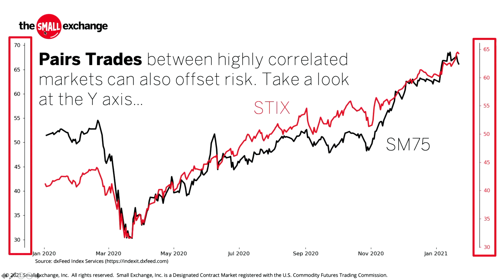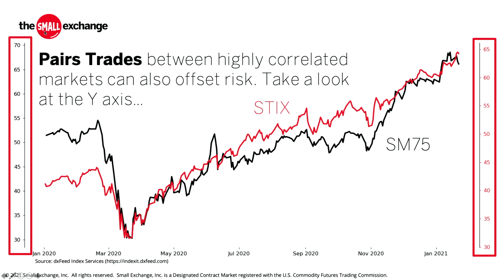You look over on the right side, you get the S10Y y-axis in red, which ranges from similarly about $30 all the way up to $65. Okay, so that's $35 or $40. Let's just round it off to $35 times 100. So about $3,500 worth of movement between these two markets for the last year. Those are the markets on their own, between $3,000 and $4,000 worth of movement in the last year.